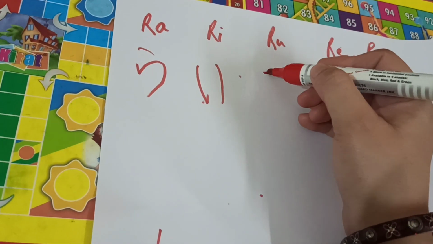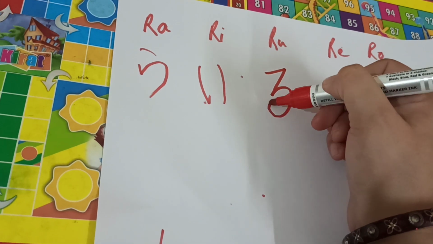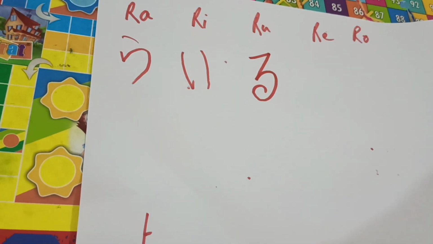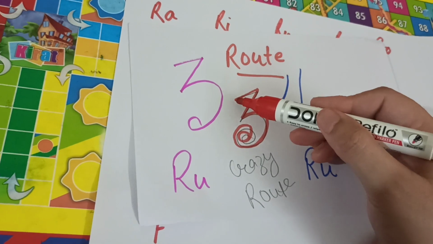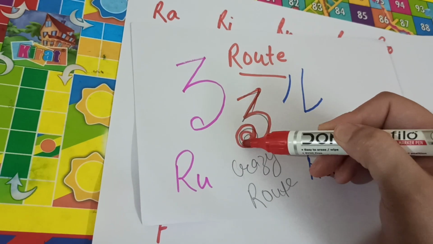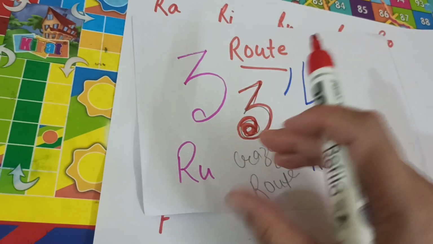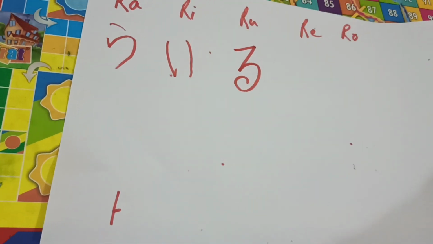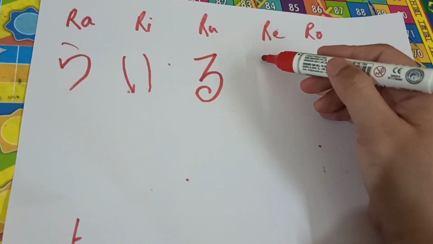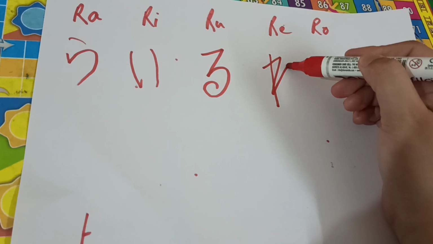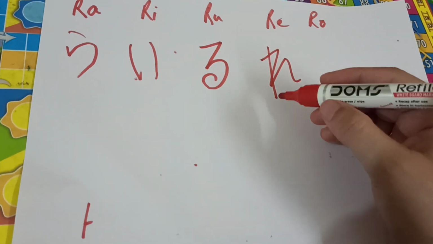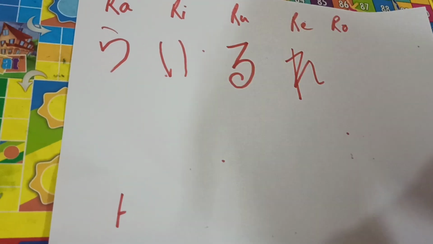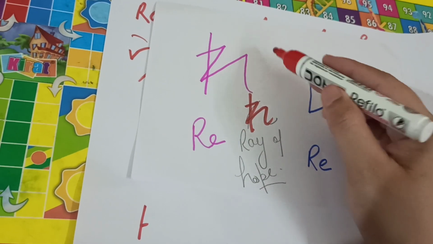Next is ru. Ru stands for a crazy root. This is like a crazy root. Next one is re. Re is a ray of hope.